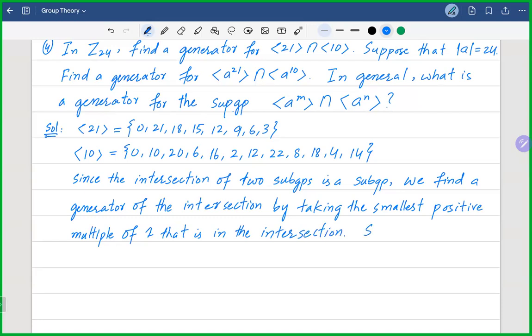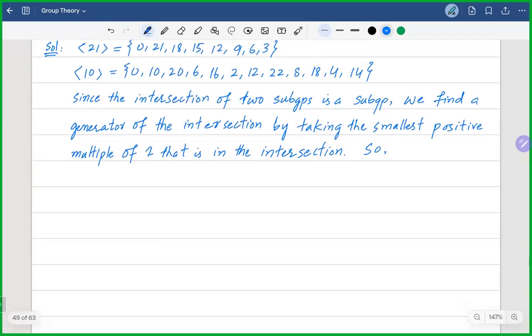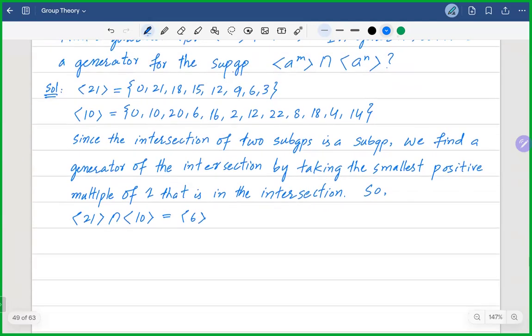So the intersection has elements. This intersection is generated by 6, because if you look at the intersection, it is going to be 0. Then if you look at 21, there is no 21 in 10, 18.